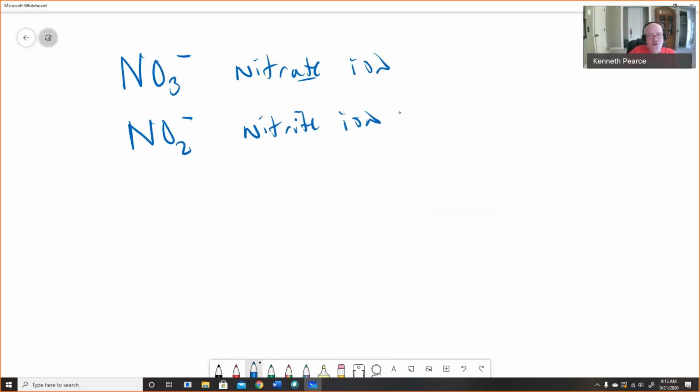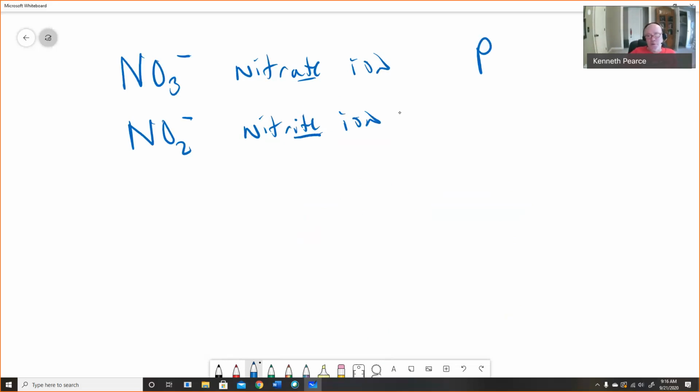So this is a nitrite and a nitrate. And notice that we have ites and ates. Most of your polyatomics are going to be either ites or ates. And the difference between them really is one less oxygen. So you go from NO3 to NO2, you go from ate to an ite.